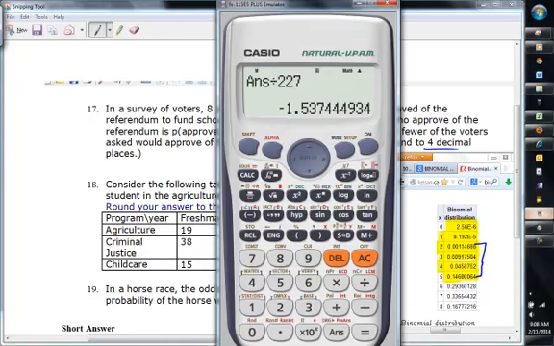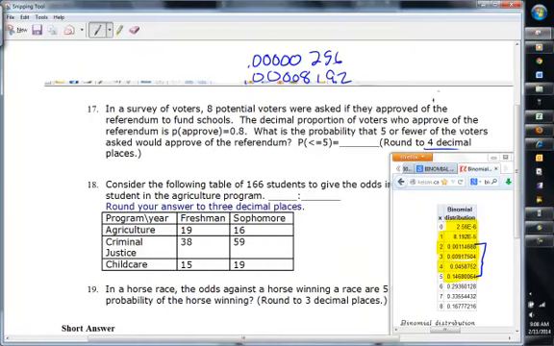So we're going to add those: 0.00114688 plus 0.00917504 plus 0.0458752 plus 0.14680064 gives us about 0.2030 as the total probability. Next one.